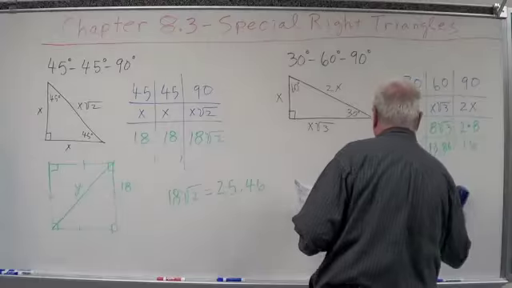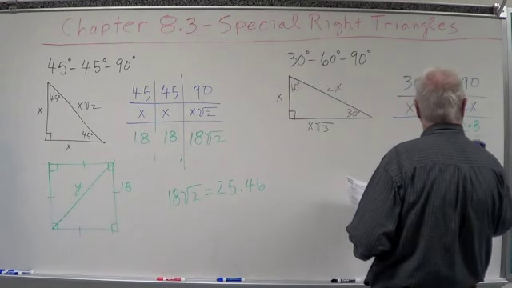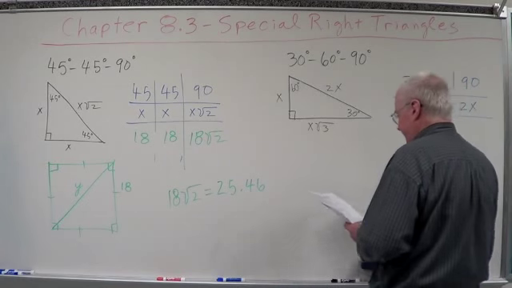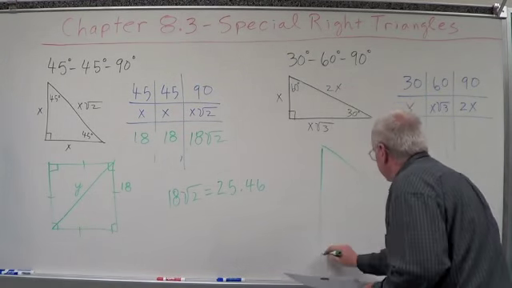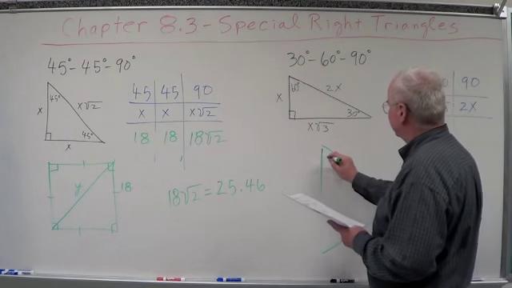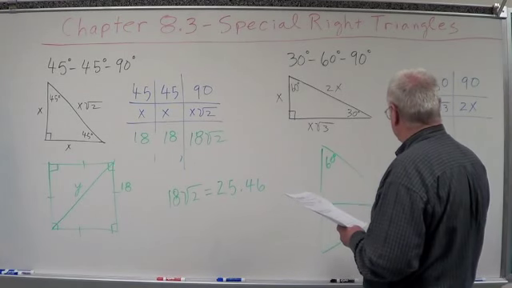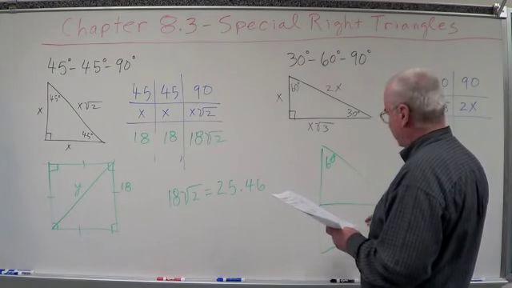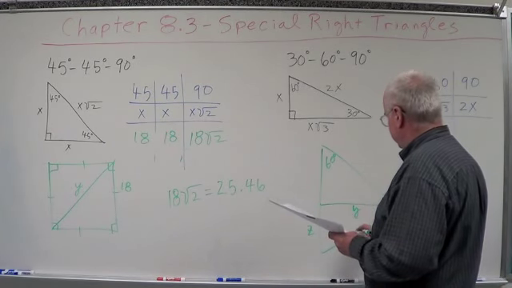And one last one we're going to do. This one's a little different. But let's see what happens to it. Okay? We're going to do this one this way. We have an equilateral triangle, we think. I don't know. This is 60 degrees. And this is 20.